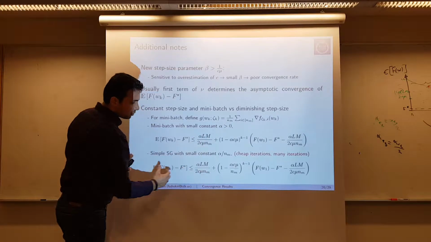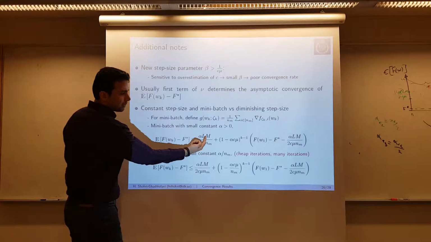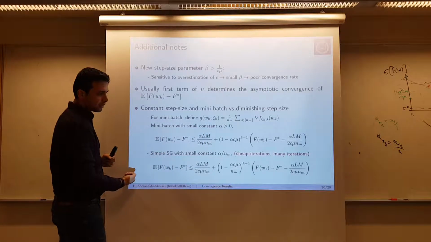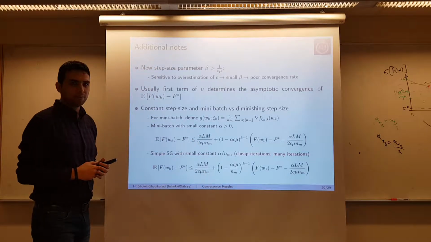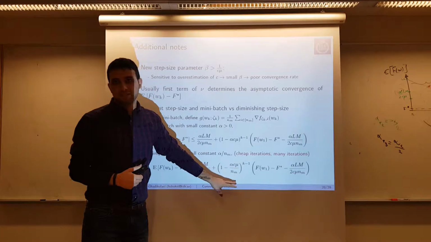So we keep these two identical. In mini batch we played with m, the variance of the estimator. Here in simple stochastic gradient we play with alpha, making alpha equal to alpha divided by nm. Then these two will be identical, and then here we have this.